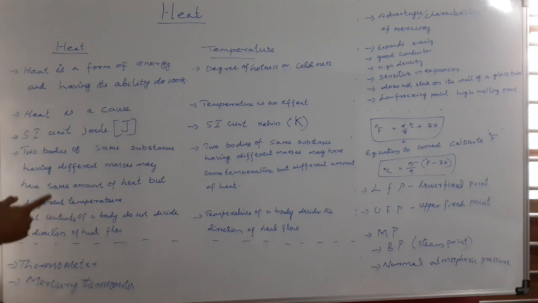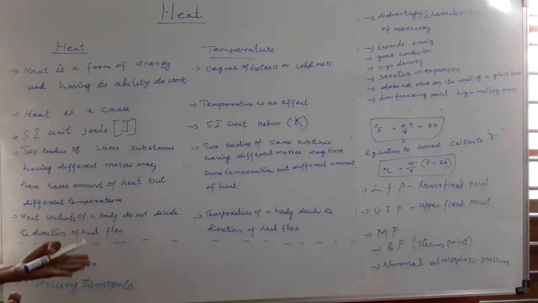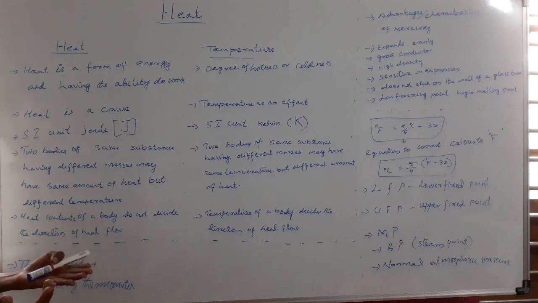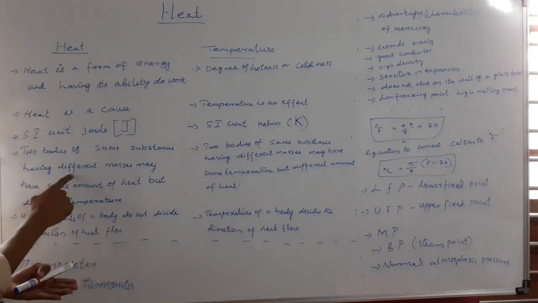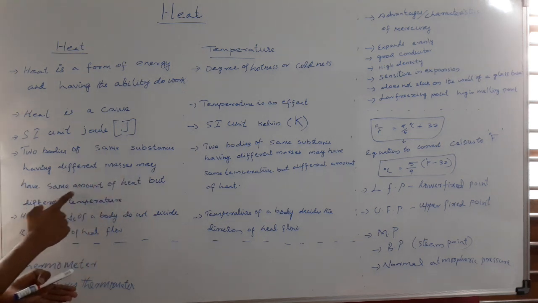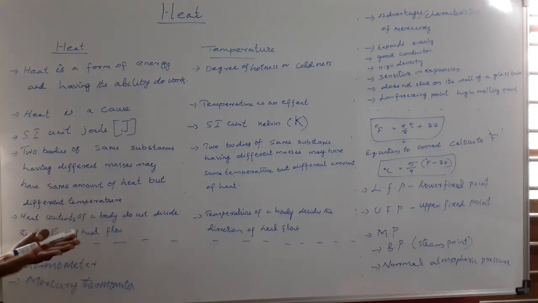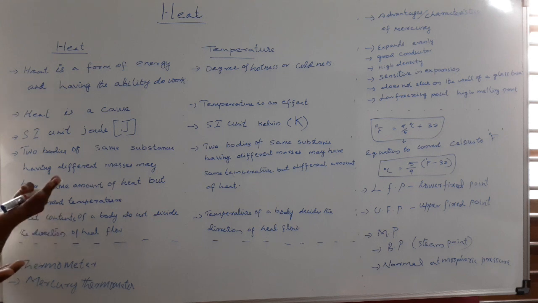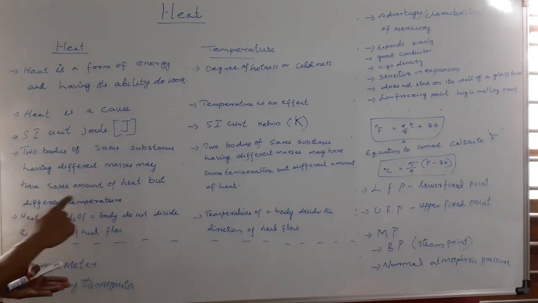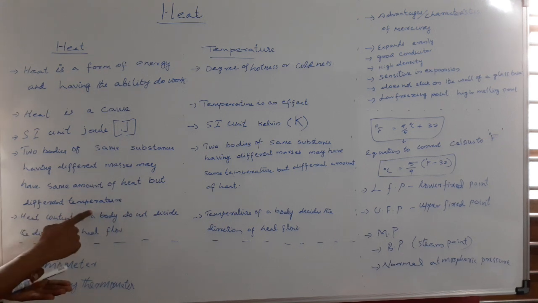In one hand I am having 1 kilogram of water, in the other hand 2 kilogram of water. These two may contain the same amount of heat but different temperature.